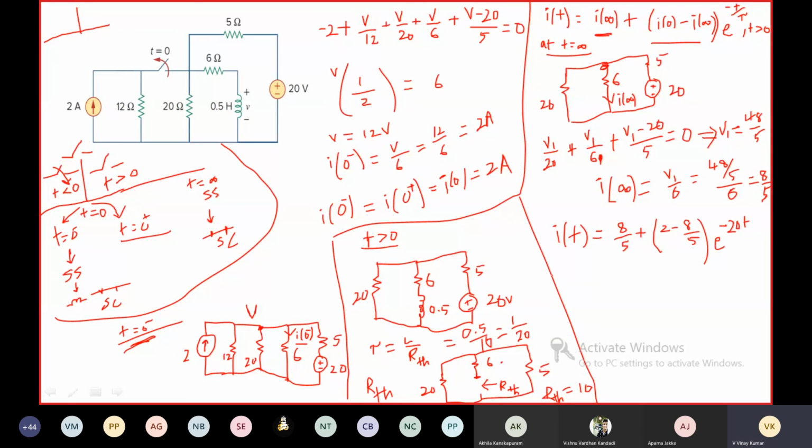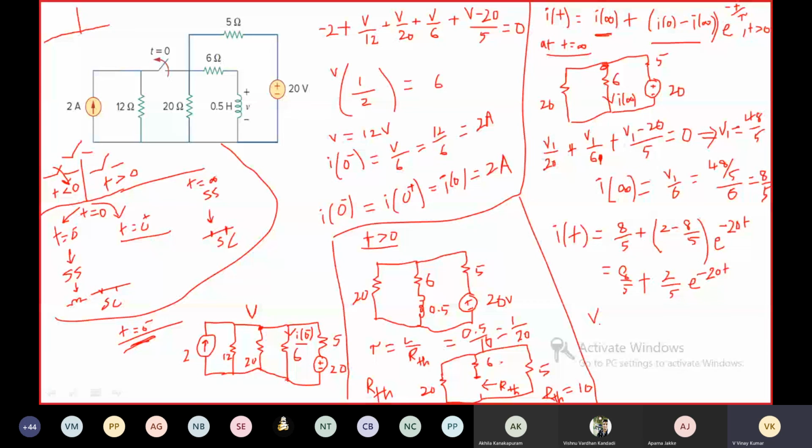Here you are asked to find the voltage across the inductor. V is equal to L dI by dt. The current is 8 by 5 plus 2 minus 8 by 5, which is 2 by 5, so 8 by 5 plus 2 by 5 into e power minus 20t.